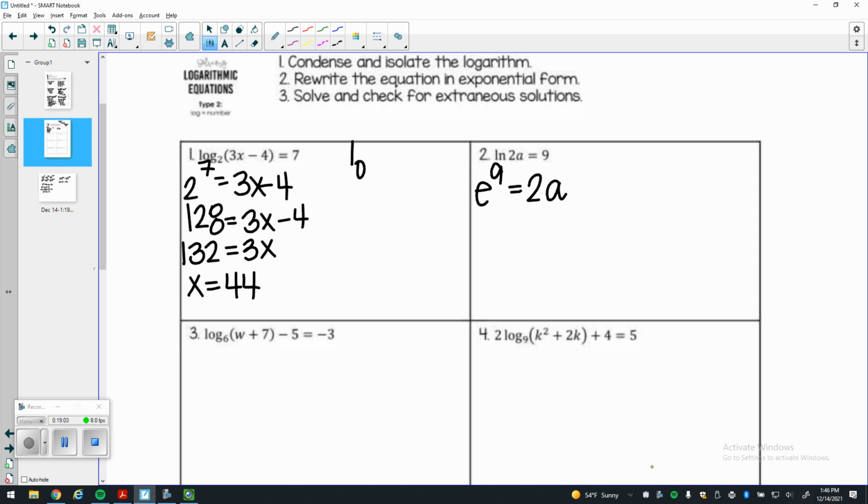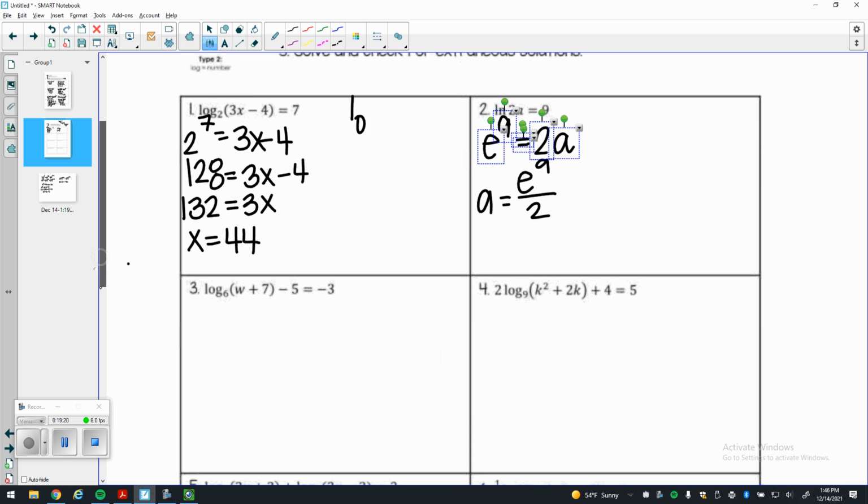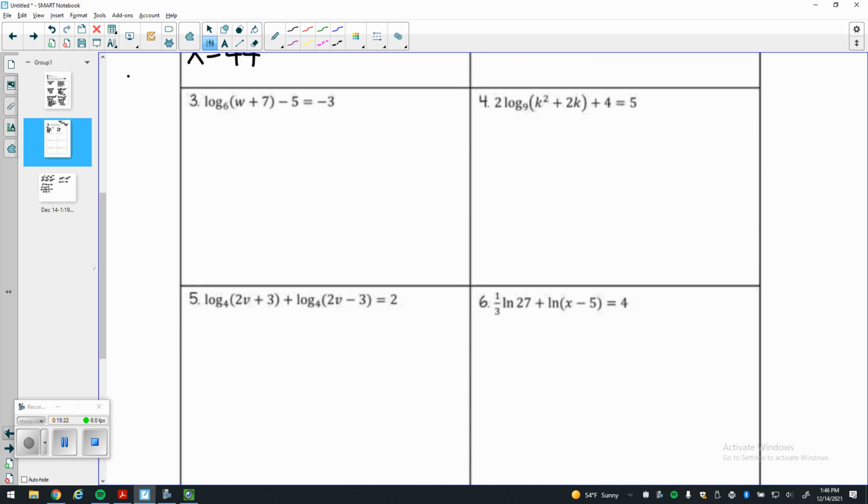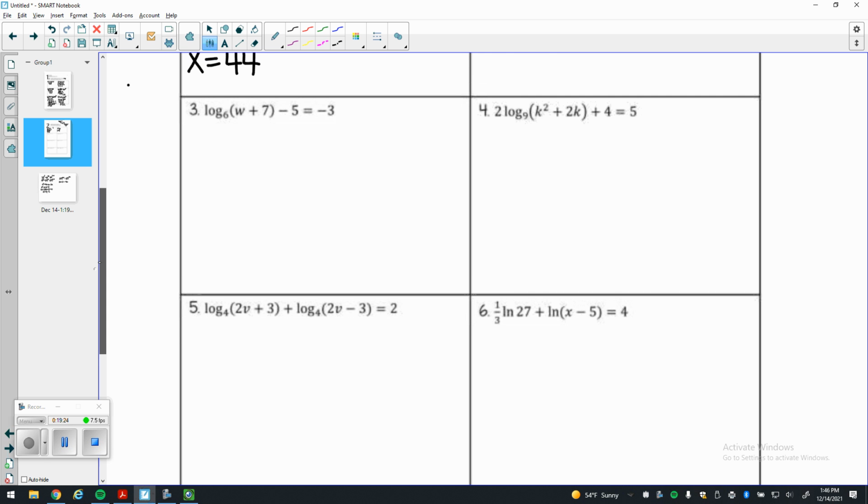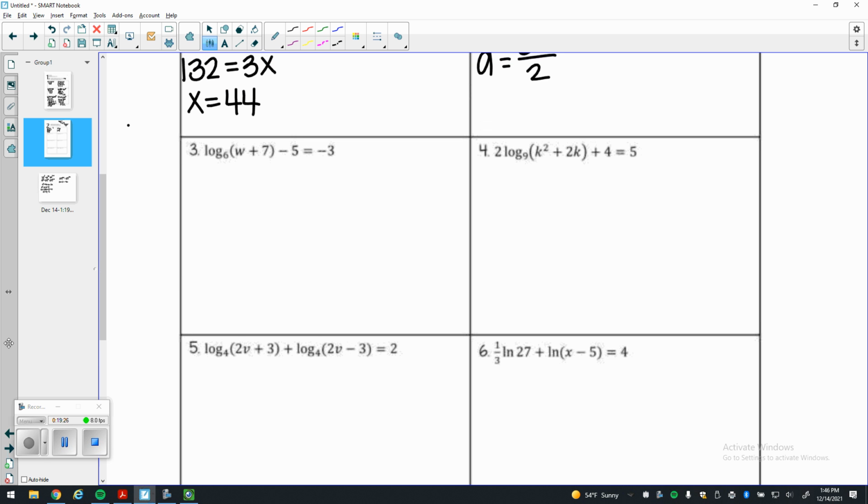If you put it in like that on your homework, I'm rating that for correctness, not for completion. So it's e to the 9th divided by 2.